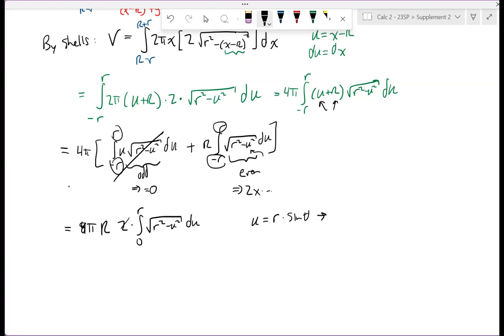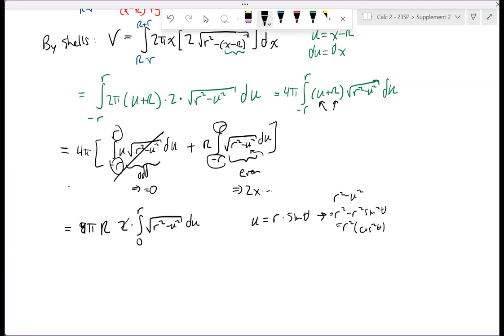Why do we do this? Well, we note that u squared is r squared sine squared theta. We have r squared minus r squared sine squared theta, which is r squared times 1 minus sine squared theta, which is cos squared theta. So that's what r squared minus u squared is equal to.